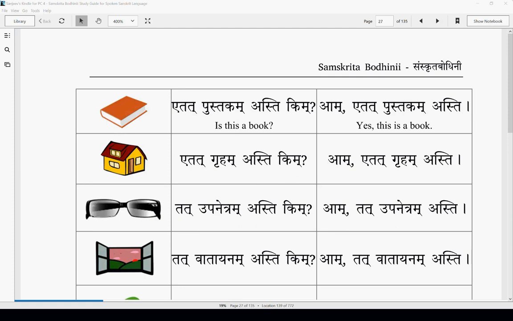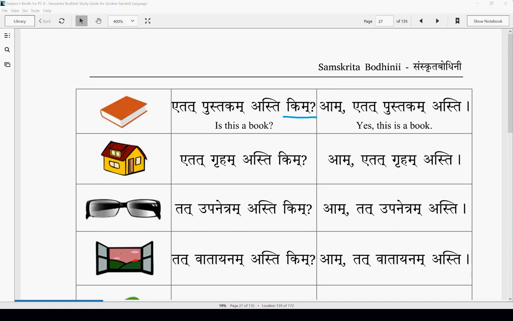Here the meaning conveyed is different. Here we want to ask, is it a book? Not which book is this? Is it a book? So here the tone is different. Though we are using the same word Kim, the tone is different. Etat pustakam asti Kim. So, is it a book?